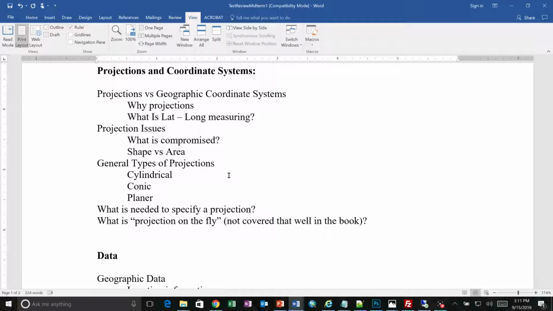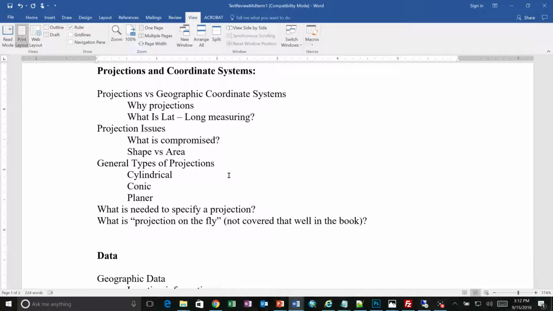Conformal or equal area? Equal area or conformal. Sometimes, and I think the book is like this, it's been a little while since I read that chapter, they'll say that some map projections distort area, which we covered, distance, direction, or shape.